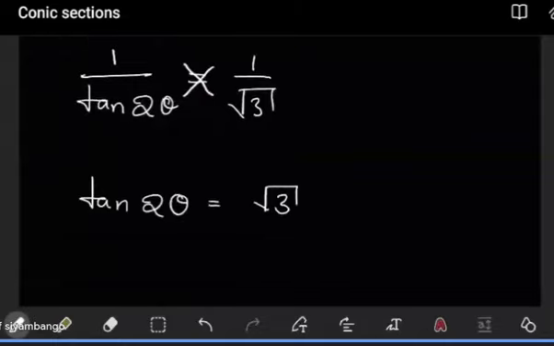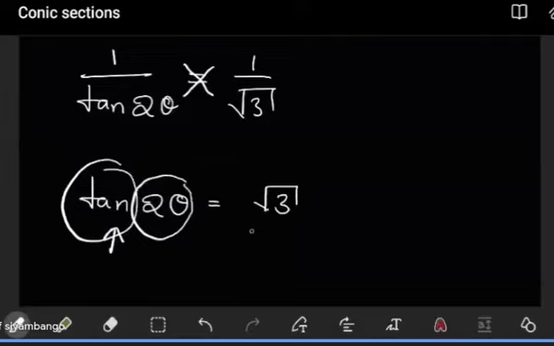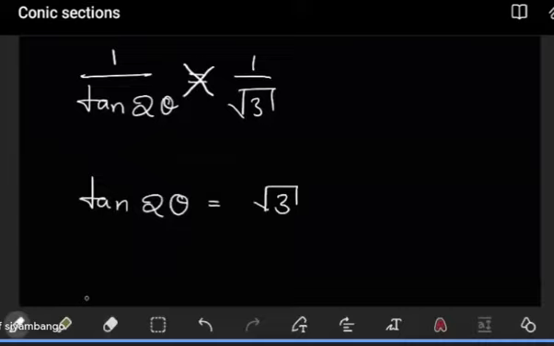Now that I have tan, and tan I think I have memorized sometimes, I'm speaking this more like on your behalf to say that, okay, now I have a trig ratio which is more familiar. I can then ask myself, what must be the angle here, so that when I get tan of that angle, I get root 3? Do you guys remember? What angle can we say tan of that angle gives us root 3? Remember the table of the special angles I wrote?